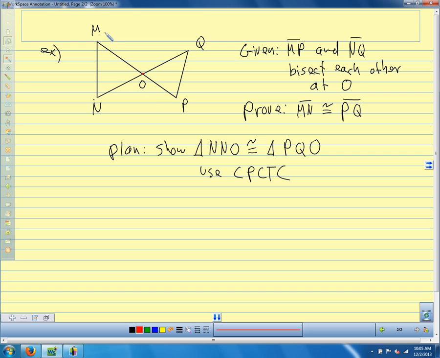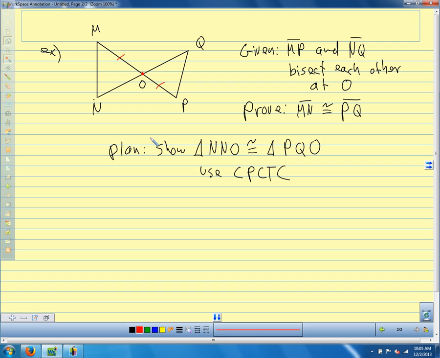What can we say about segment MO and segment OP? This segment and this segment. If point O is in the middle, then each part cuts it in half, so each part has to be congruent. So this has to be congruent to that.